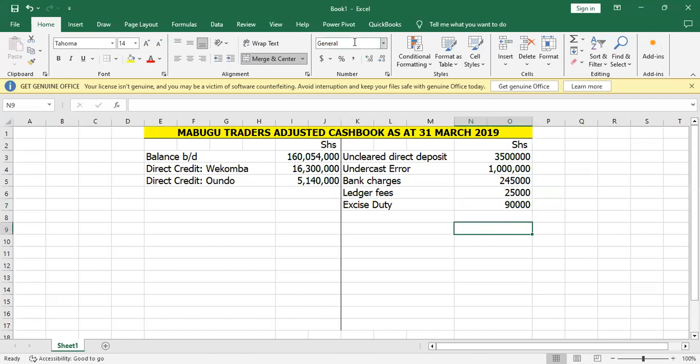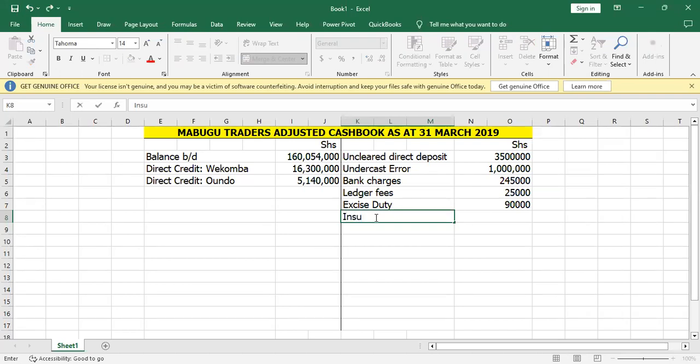Then we have insurance payments of 190,000.